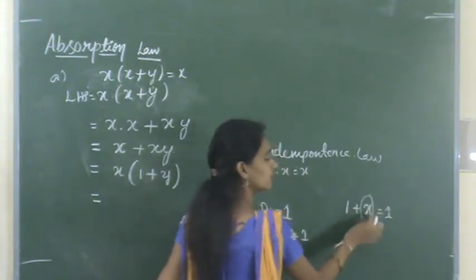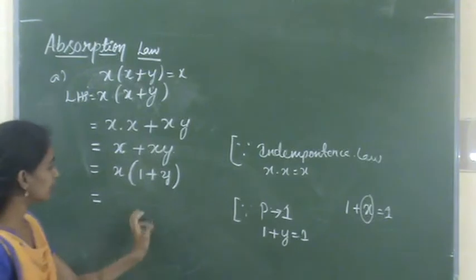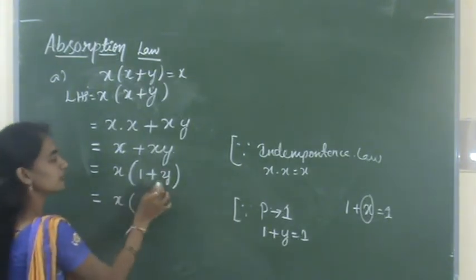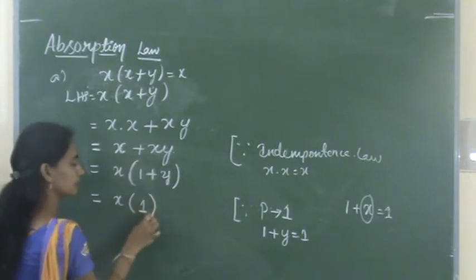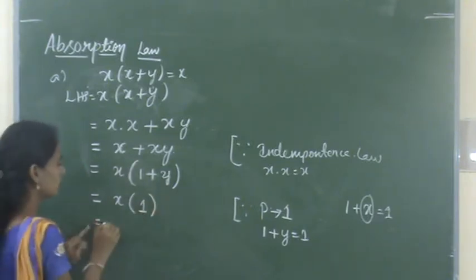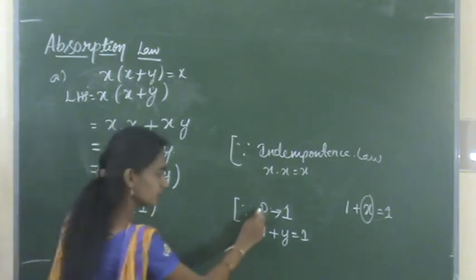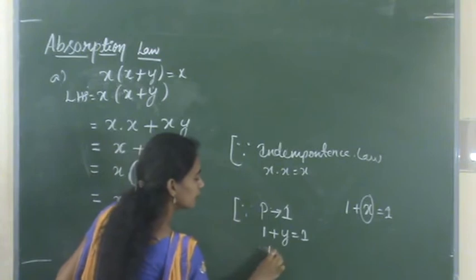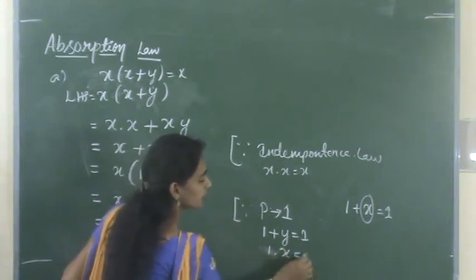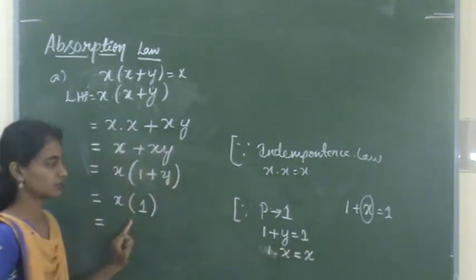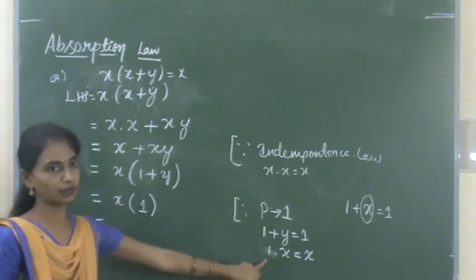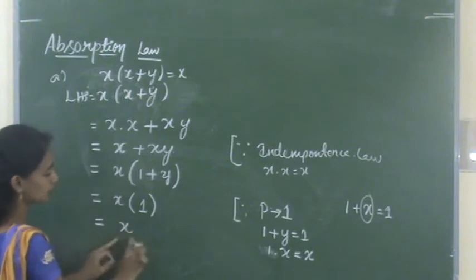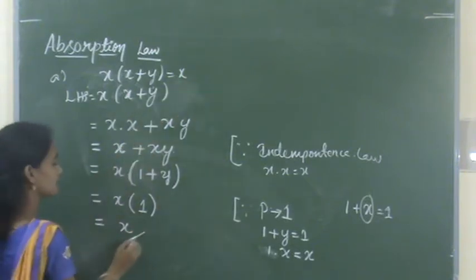We can take any variable, so here we have y, and x into (1 plus y) becomes x into 1. By the same property, x into 1 is x itself. So this x is the RHS.